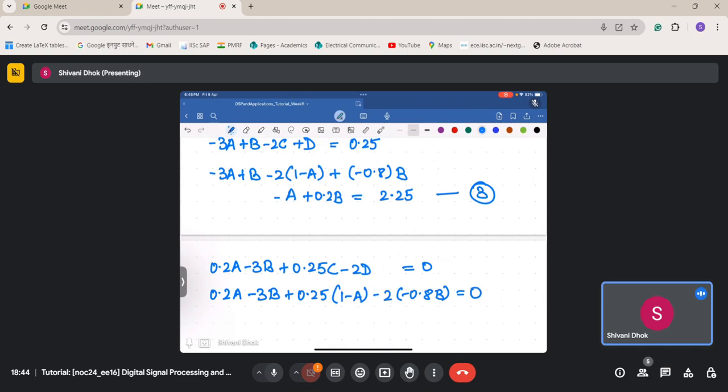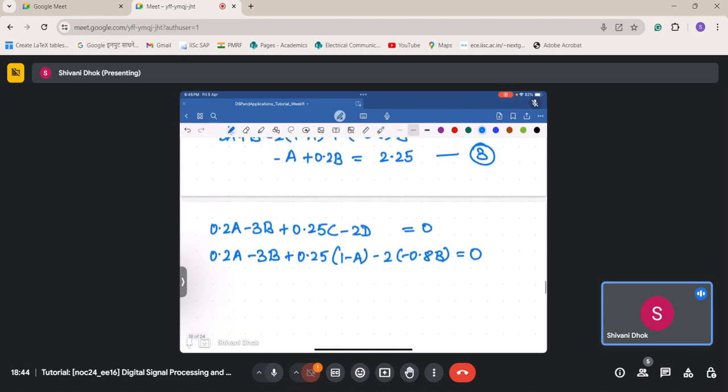And if we simplify this, this comes out to be equal to minus 0.05a minus 1.4b is equal to minus 0.25. And if we divide this entire equation by minus 0.05, this reduces to a plus 28b, which is equal to 5.